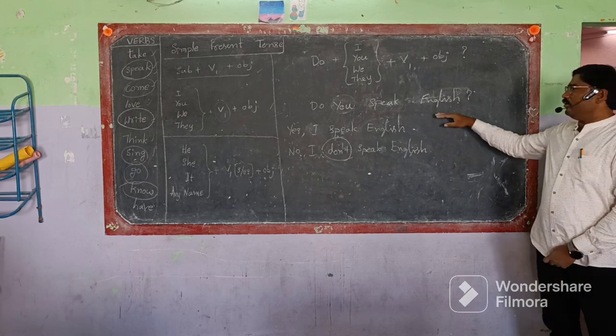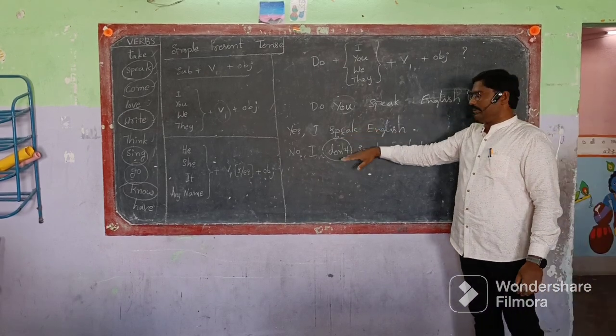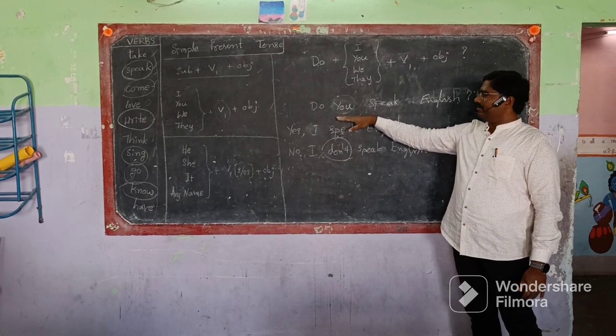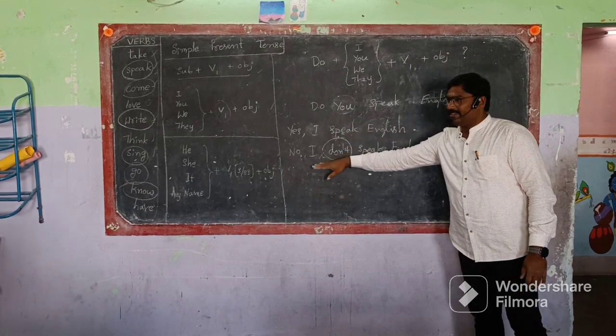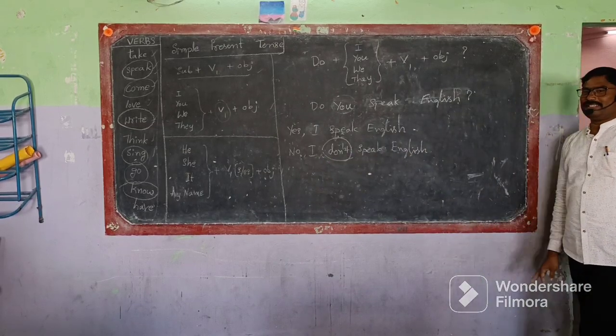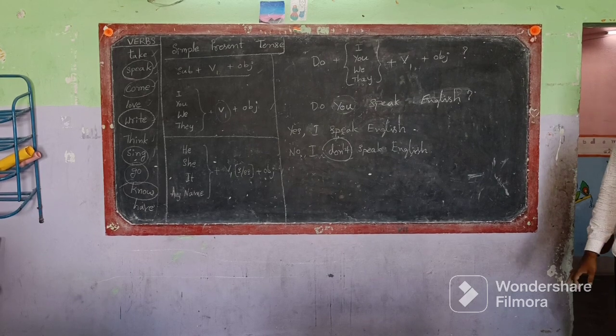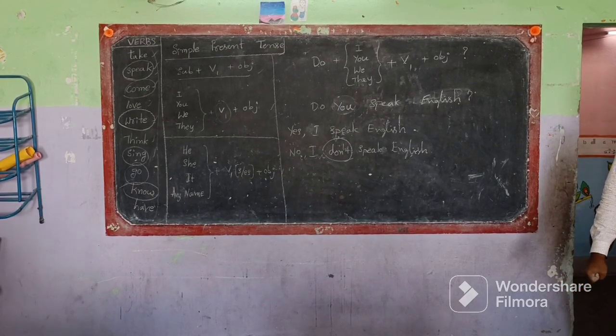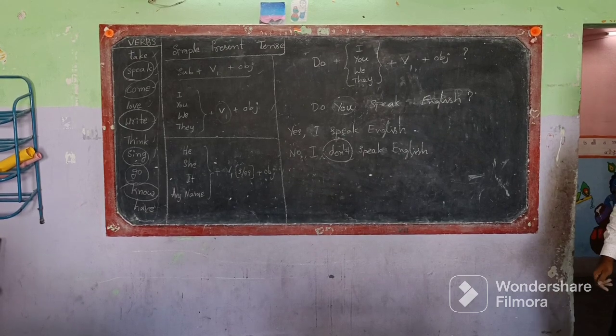Now you participate in these three types of sentences: first the interrogative sentence, next the positive answer, and the negative answer. Very good.